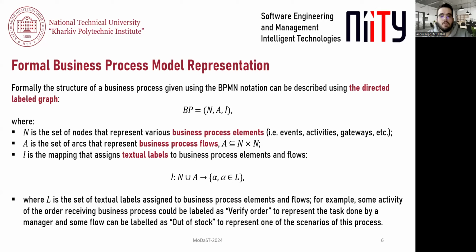For example, some activity of the order receiving business process could be labeled as verify order to represent the task done by a manager, and some flow can be labeled as out of stock to represent one of the scenarios for this process.